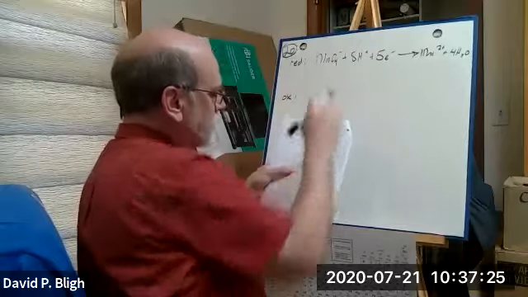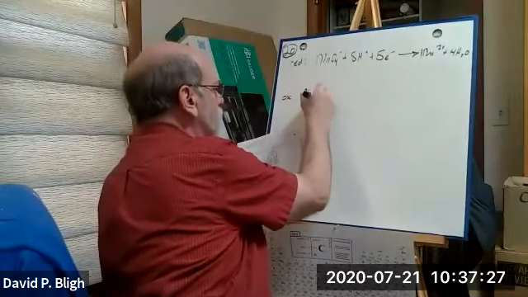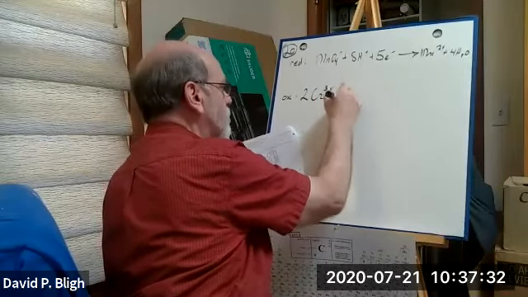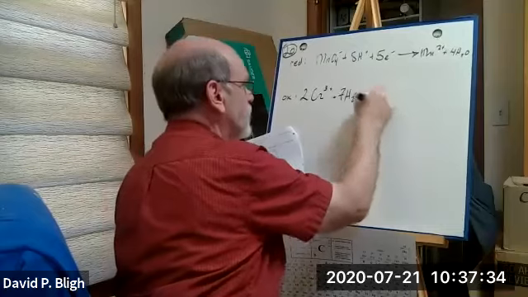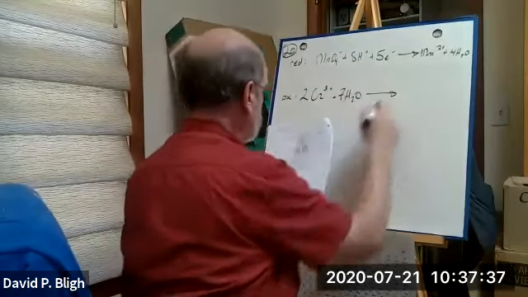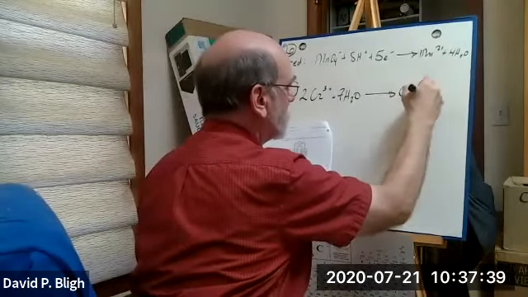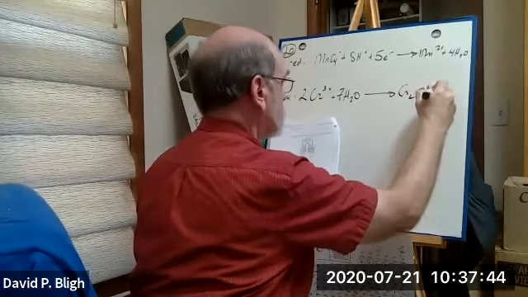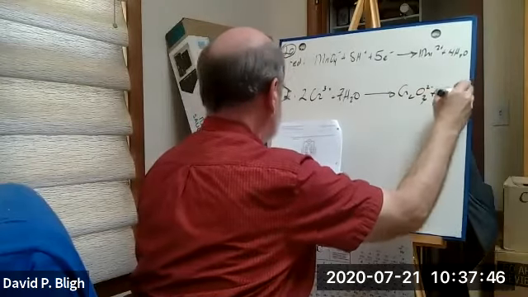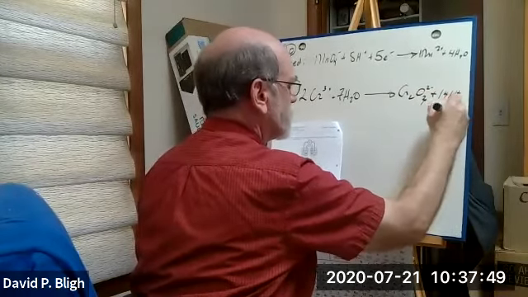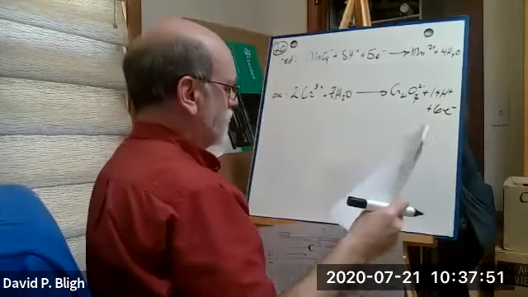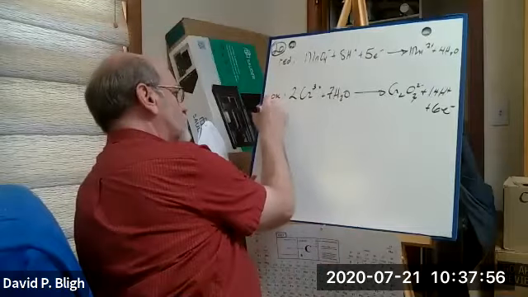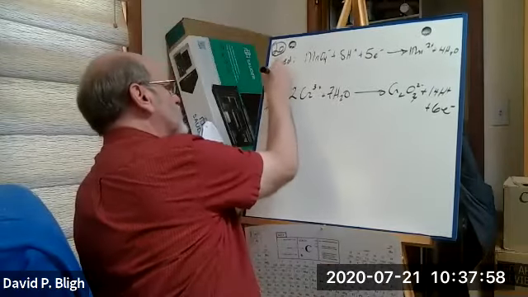Chromium would be flipped, which would put this one on that side, like that. And then this one, 7, 14 hydrogens, plus 6 electrons. Okay, so that's the way we would write the anode, cathode.